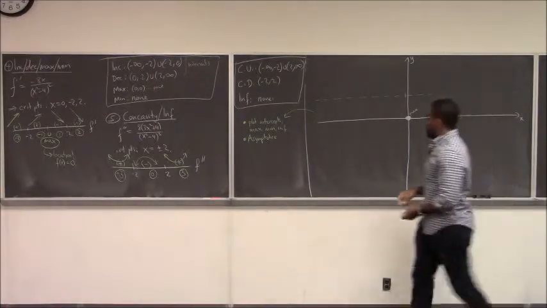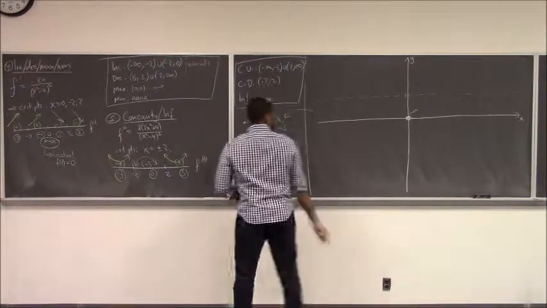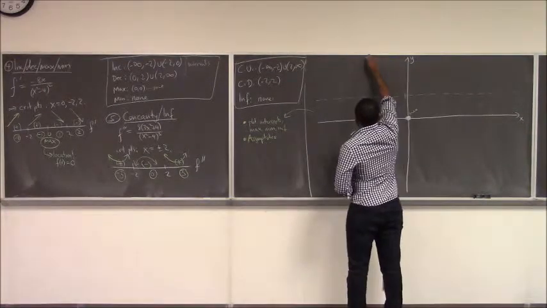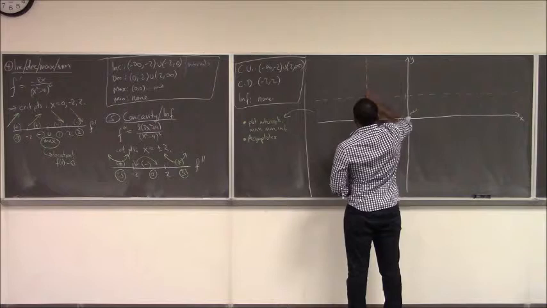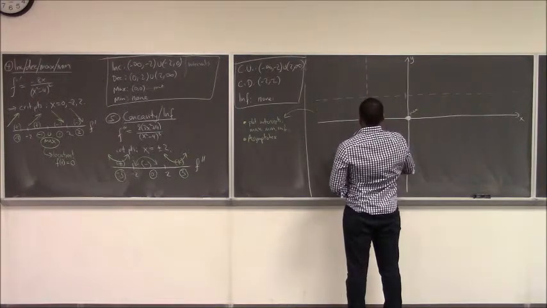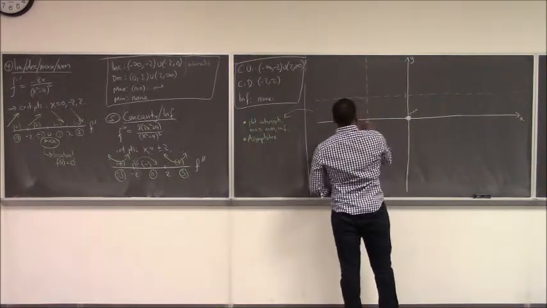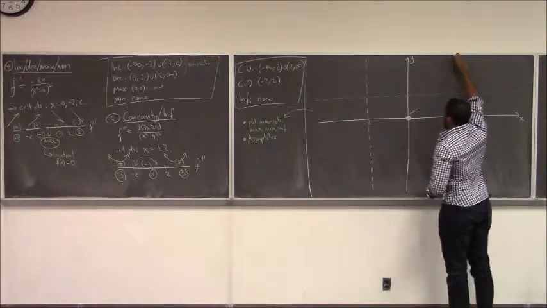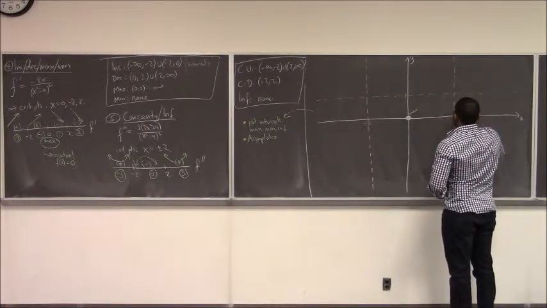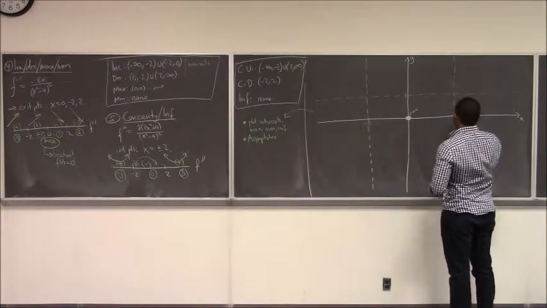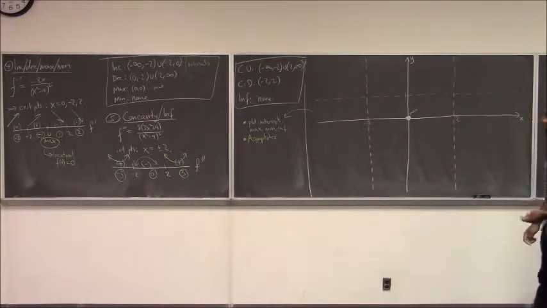Then we had vertical asymptotes at plus or minus 2. So these are points that the graph cannot touch. So minus 2, that'll happen. And at positive 2, that'll happen.